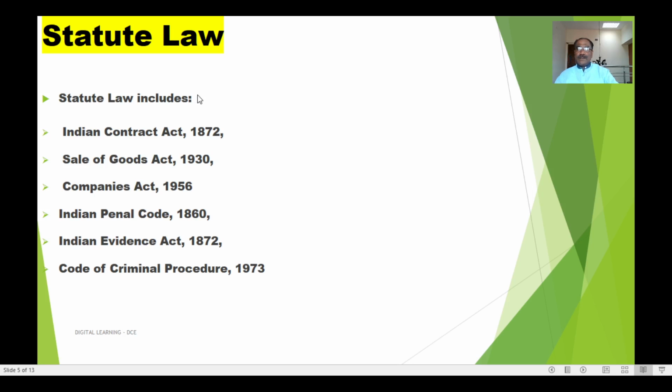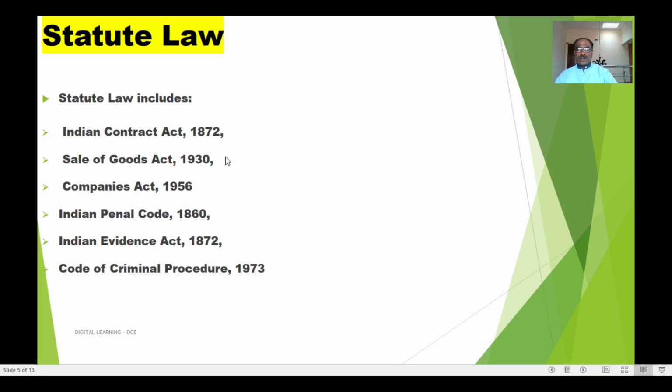The Indian Contract Act is very important. If you want to enter into any contract between parties, both the promisor and the promisee have to consider the rules and regulations prevailing in the Indian Contract Act of 1872.